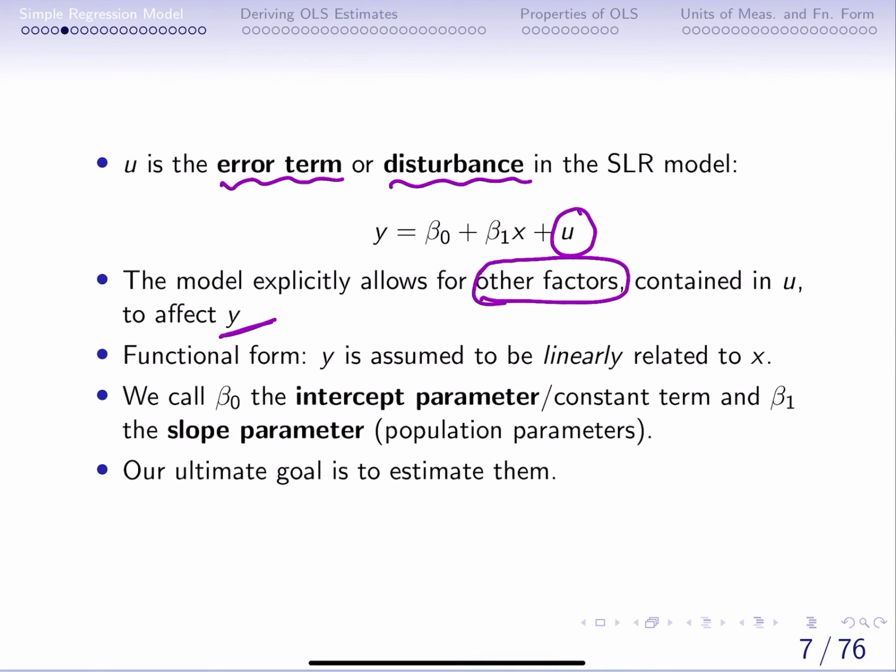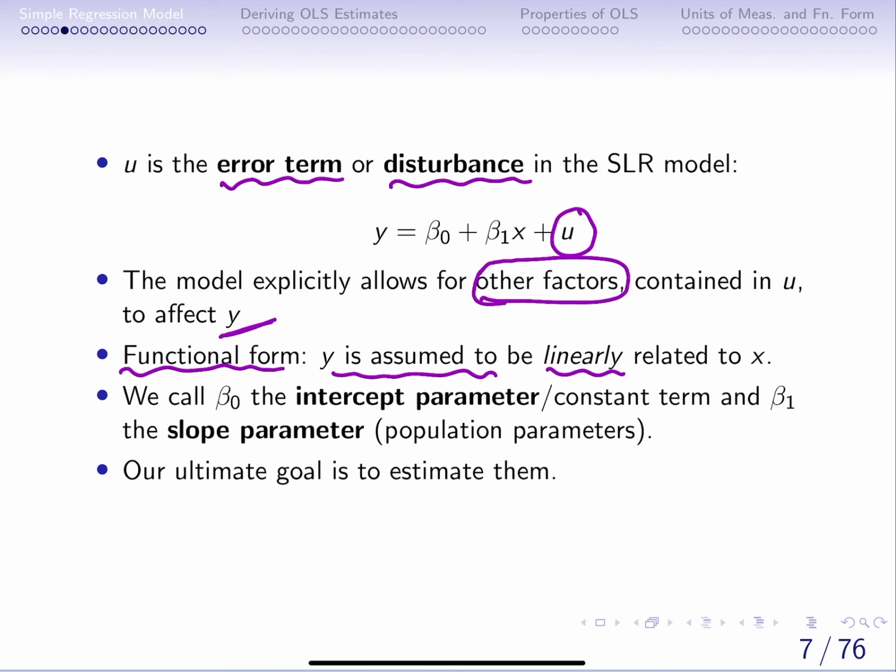And notice here, by writing out this equation, we're saying the functional form is linear. We're saying that y is assumed to be linearly related to x, okay? And we'll cover this concept a little bit more later. So we're not allowing for a nonlinear relationship, but here we are talking about a linear relationship.